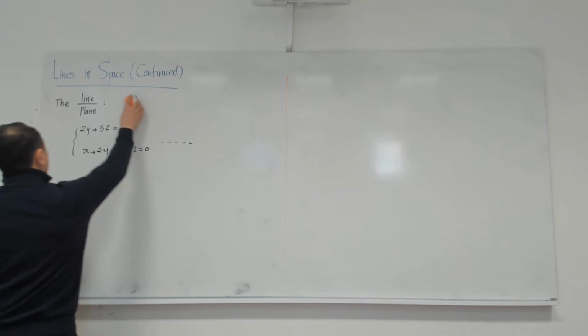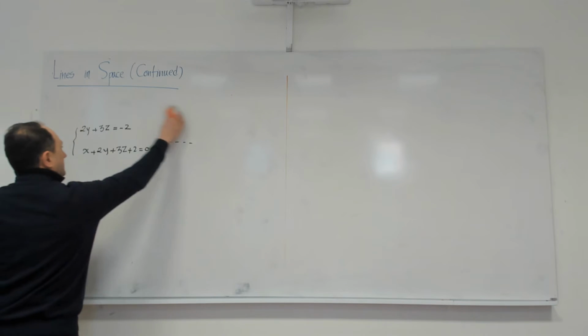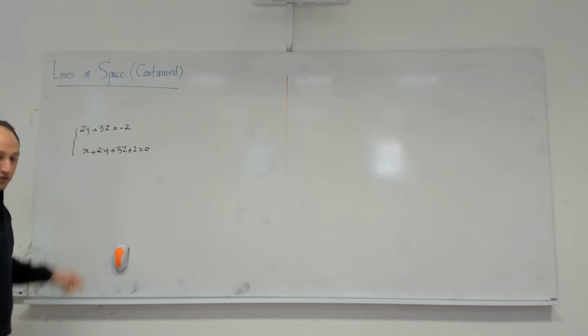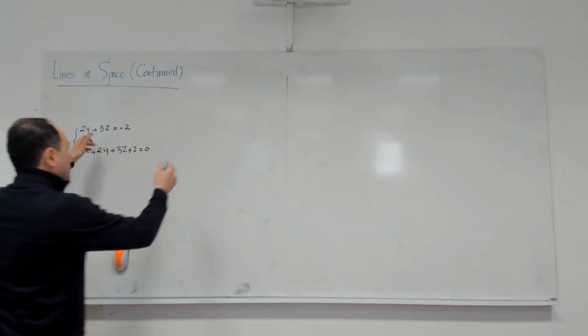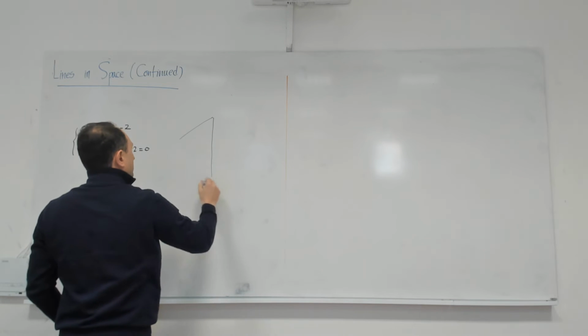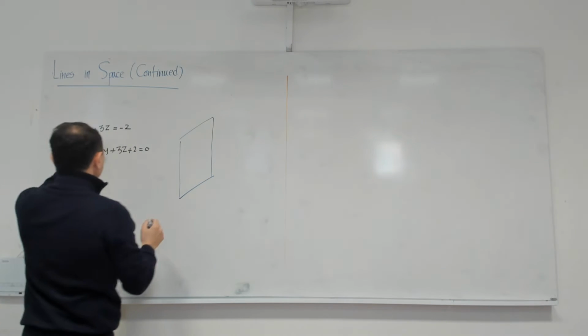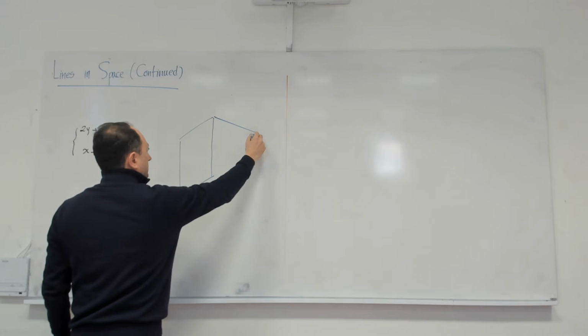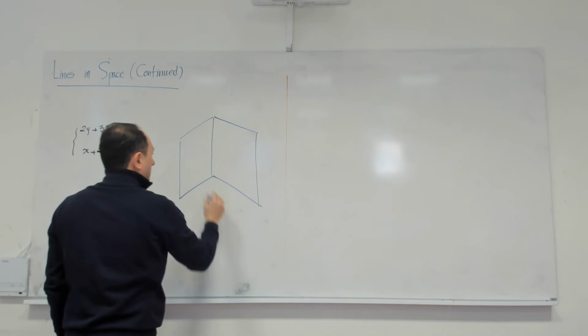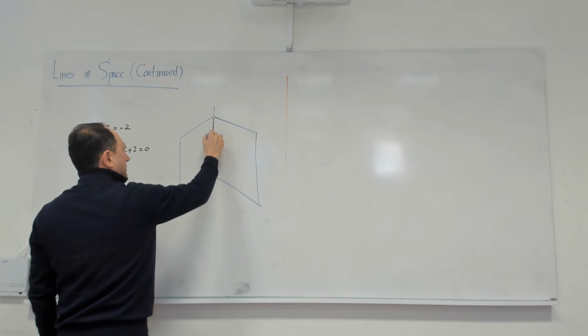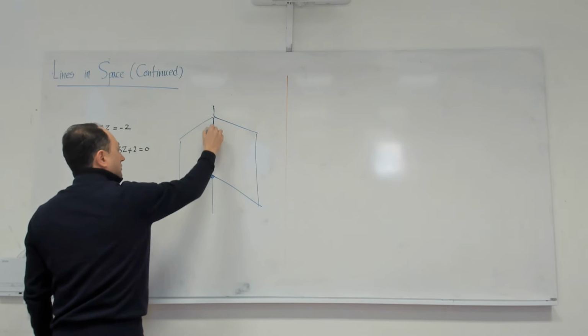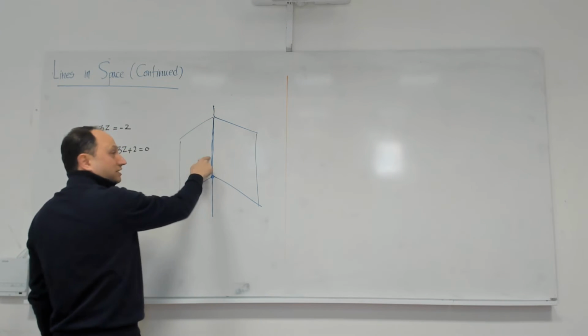Okay, so now I want to ask you, how do you feel about this? I have a plane, I don't know how to draw it, but this is your plane somewhere, for example. This is the first one. And then you have another plane. And then where they intersect is this line. It's a strange way of addressing a line, yes?